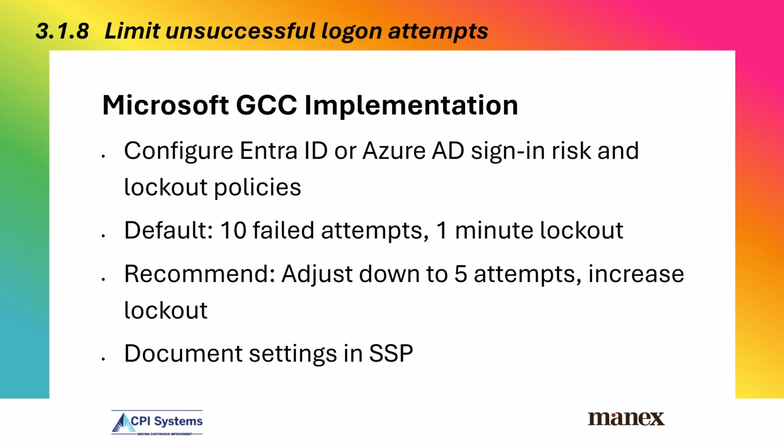Microsoft's GCC default is 10 failed attempts and a 1-minute lockout, but it's recommended to adjust that default setting down to 5 attempts and increase the lockout period to 15 minutes, or even until admin reset. And of course, document those settings in your system security plan, or include references to your access control policies or procedures, which will include these defined settings.